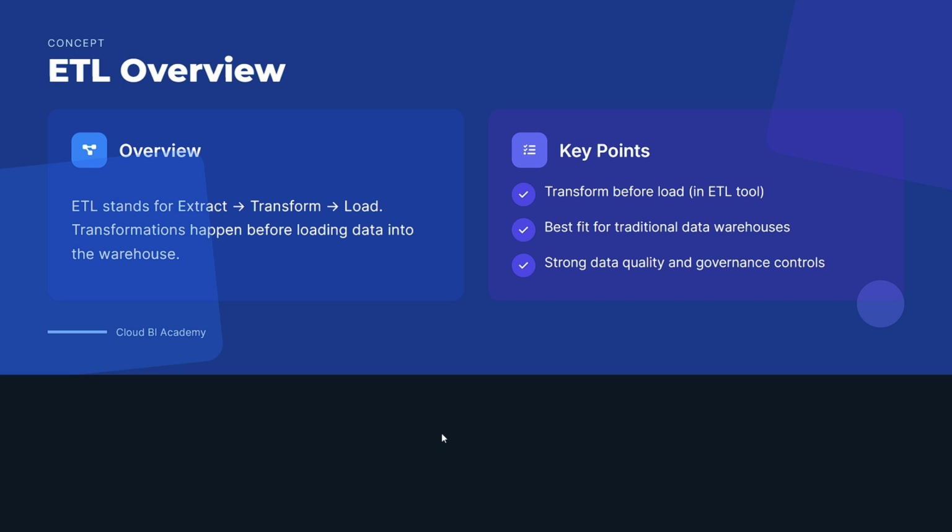Then the most important step is transform. Here we do data cleaning, null handling, lookup validation, removing duplicates from our data sources, converting formats, doing calculations and aggregation operations. So everything happens before loading into the warehouse.